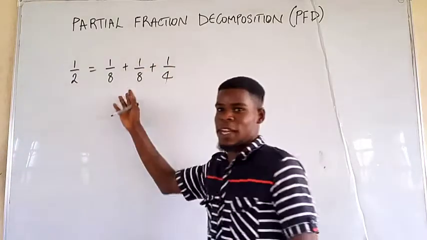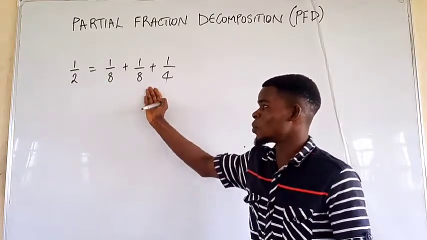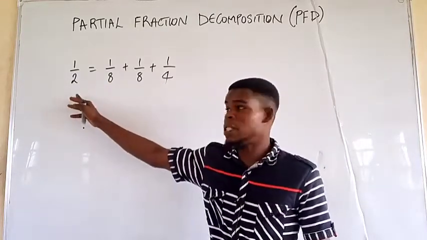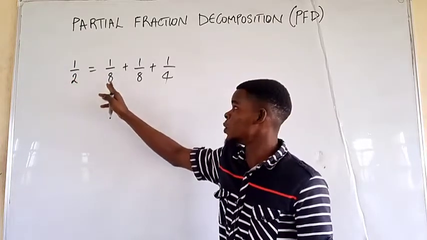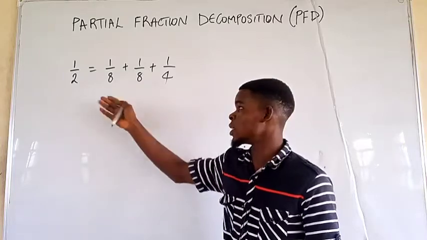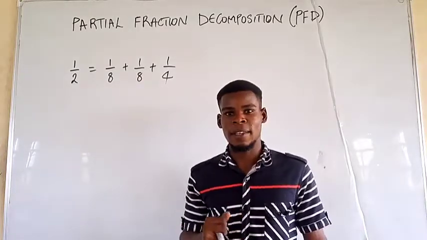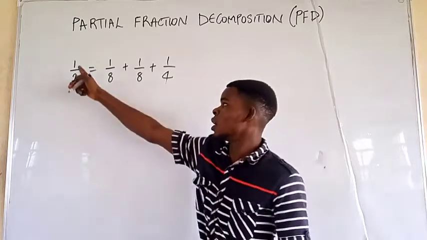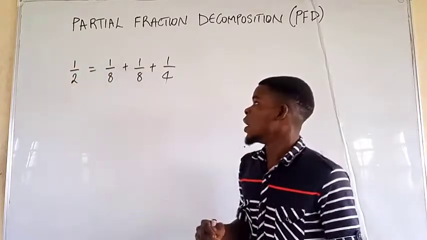So the sum of these fractions will add up to 1/2. That means that 1/2 can be decomposed into its partial fractions, so that the sum of these fractions will give us 1/2. This is just a rational number, a real number.